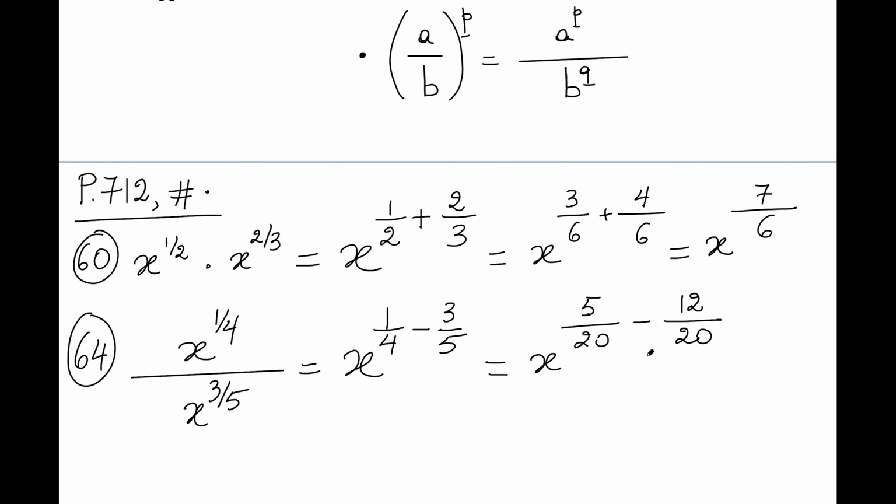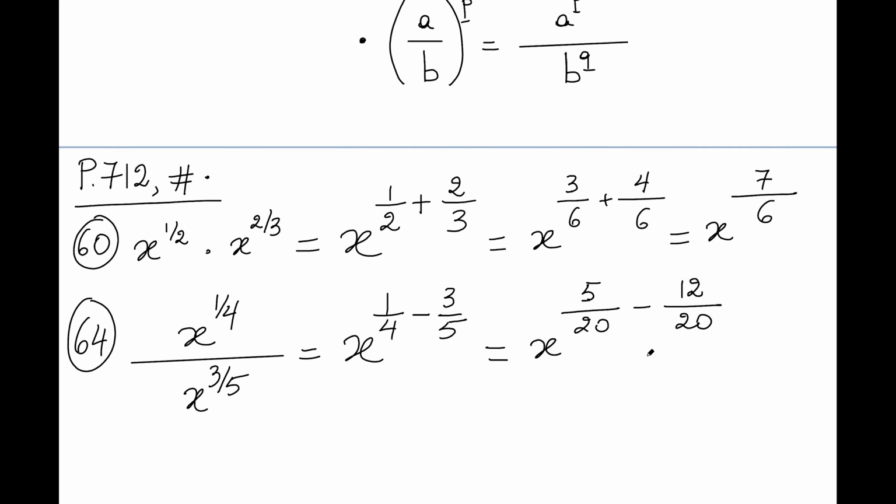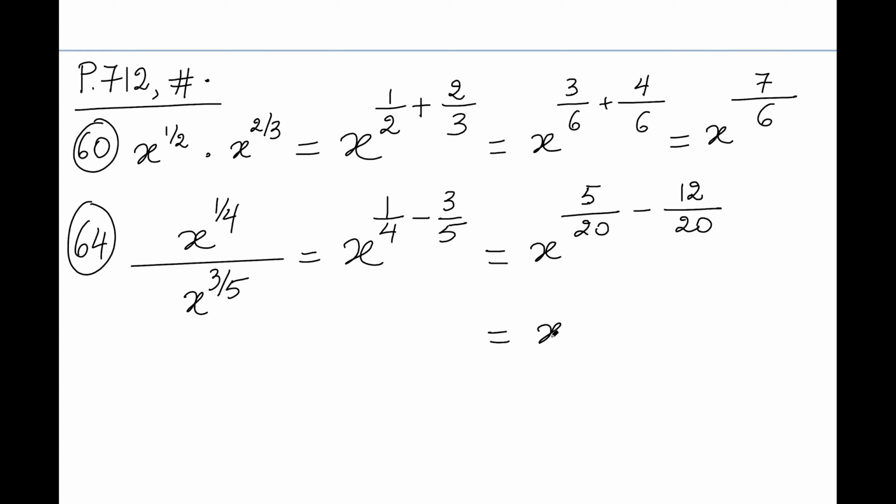And that's the same as x to power 5 minus 12 divided by 20, which is x to power -7/20.